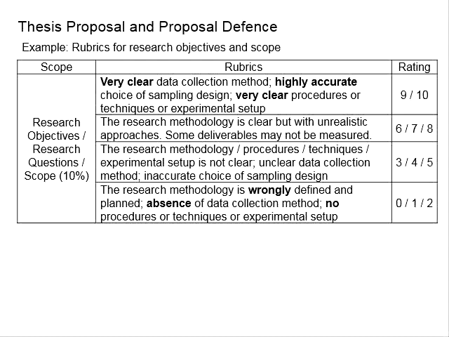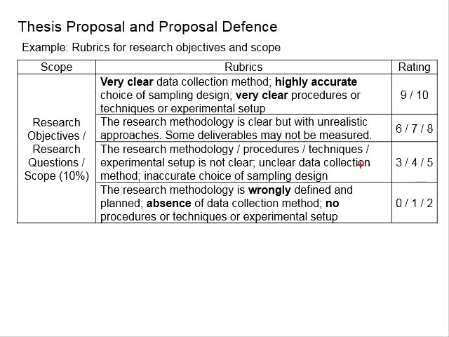Next level higher up: the research methodology, procedures, techniques and experimental setup are not clear, with an unclear data collection method and inaccurate choice of sampling design. Now you have the research methodology here, but it is not clear. It is very hard to judge whether you are going to do it right or wrongly.